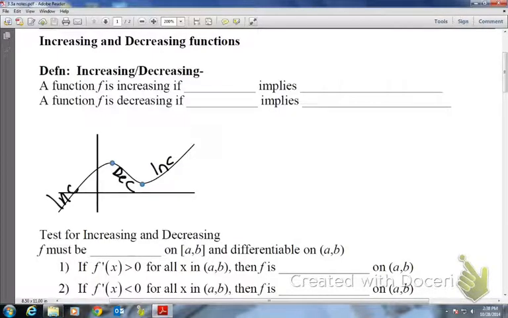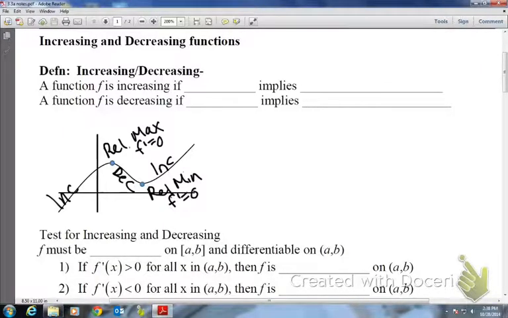And then here would be a relative maximum where f prime would equal 0. And down here we have a relative minimum where f prime equals 0. So this is what we're going to be looking at today: when a function is increasing, when a function is decreasing, relative mins, relative maxes, and so on.